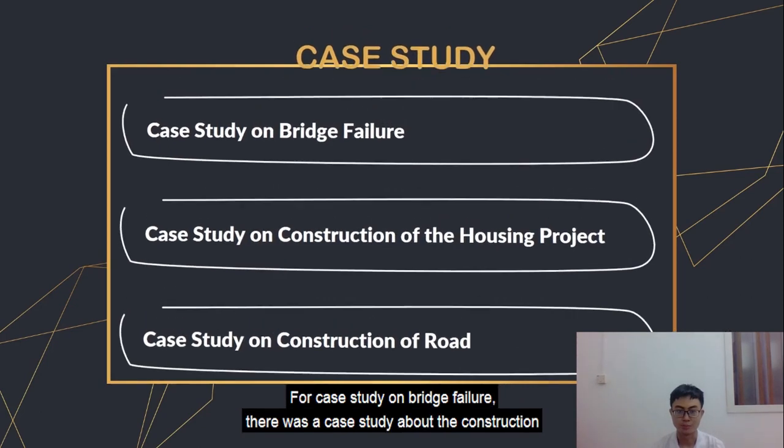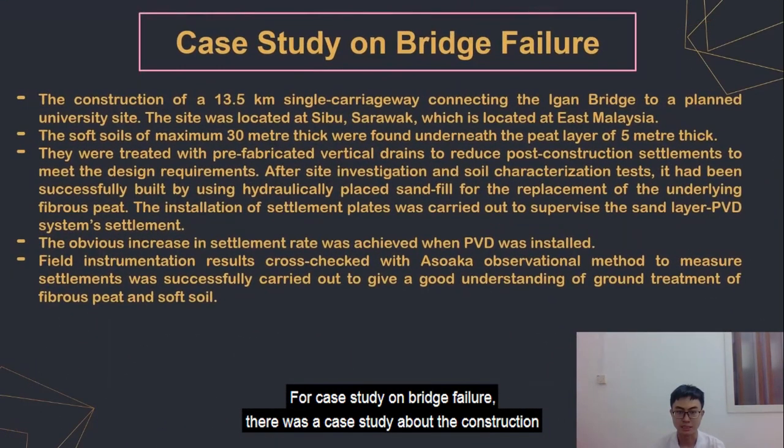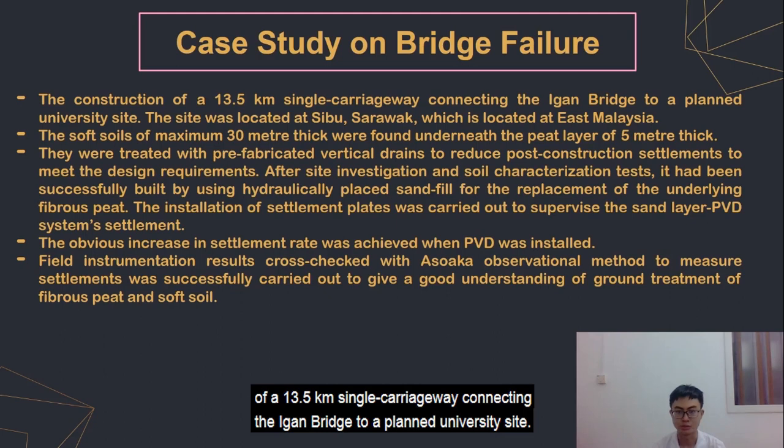For the case study on bridge failure, there was a construction of a 13.5 kilometer single carriageway connecting the Egan Bridge to a planned university site. The site was located at Sibu, Sarawak, in East Malaysia. Soft soils of maximum 30 meters thick were found below the peat layer of 5 meters thick.